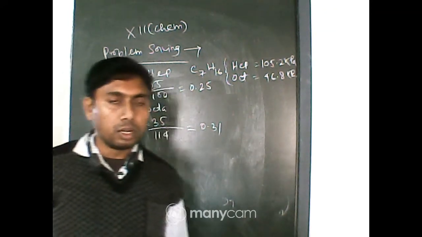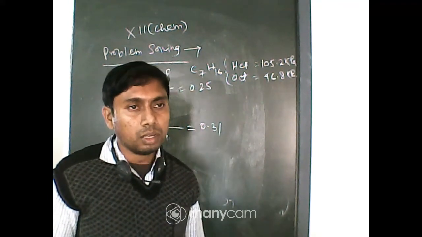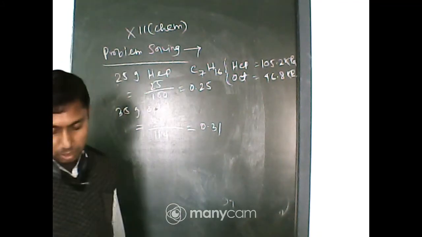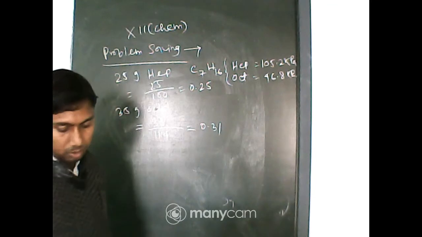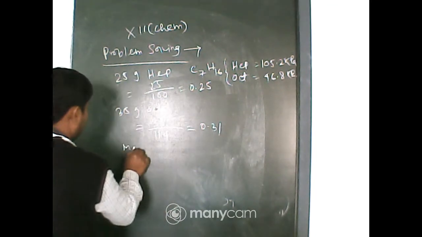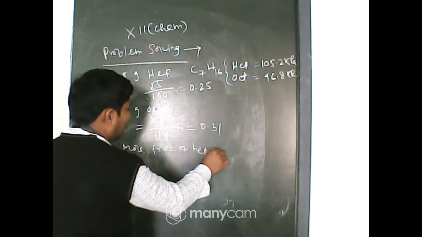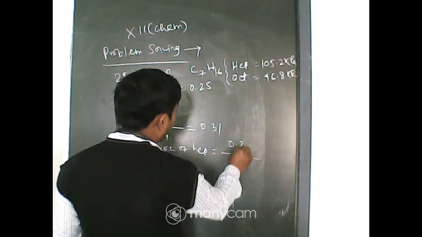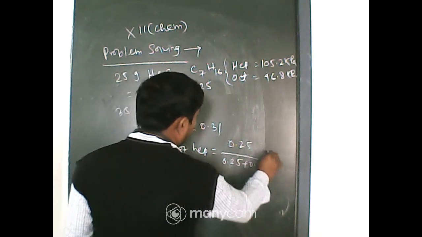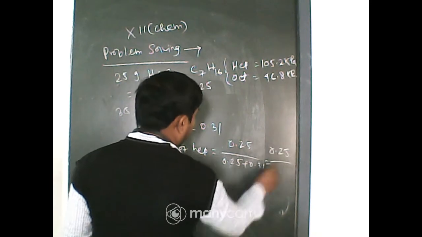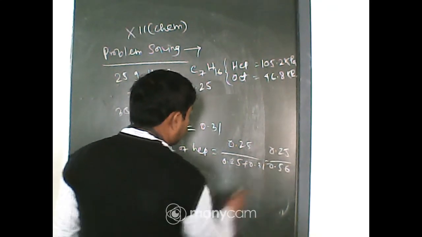Now we know that the pressure in gaseous phase increases with its mole. There is a direct relation. Now here mole fraction of heptane is equal to 0.25 divided by 0.25 plus 0.31, so 0.25 divided by 0.56.